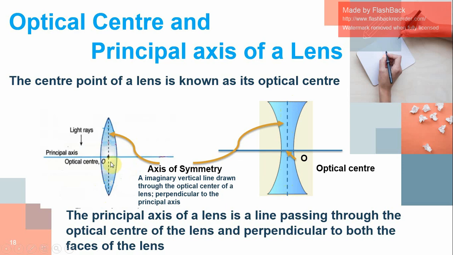What is meant by principal axis? The principal axis is a line passing through the optical center of a lens and perpendicular to both faces of the lens. Here this is the principal axis.